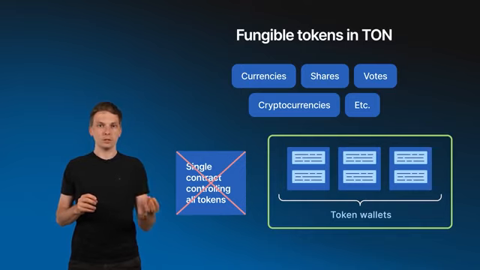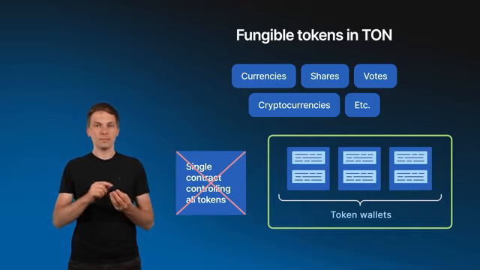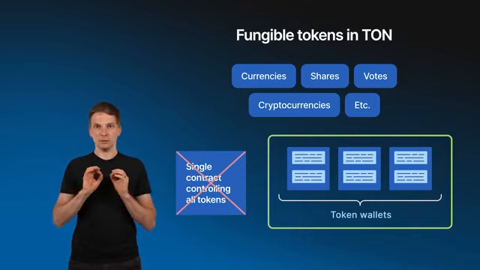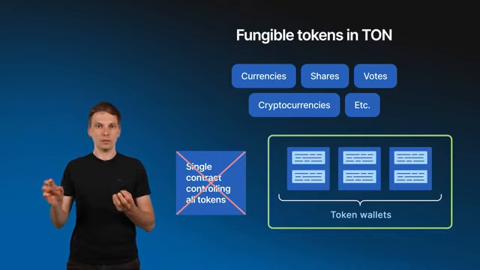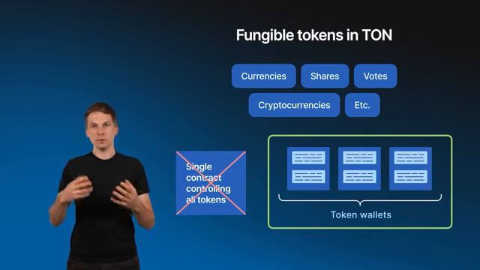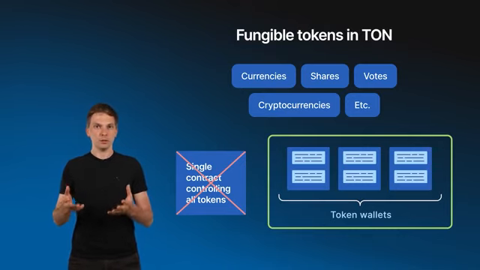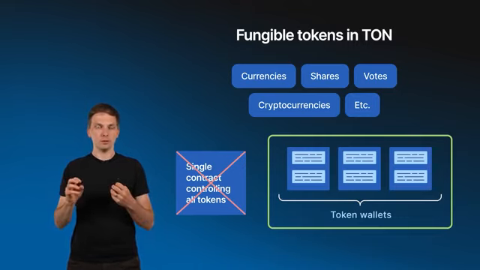And this token wallet's job is to pass the message that says, please increment some amount of tokens to the sibling, the same contract that has the same code, but has a different owner. This architecture, we will talk about it later in this course in more detail, allows to make tokens fully scalable in the TON platform.